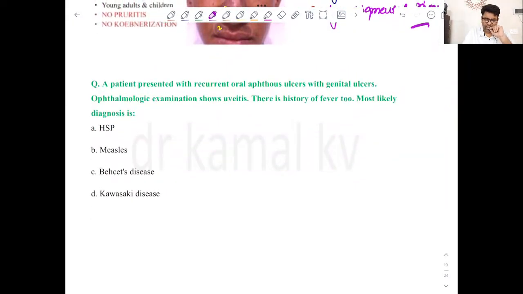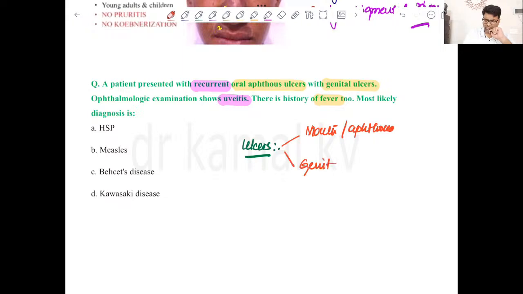Now a case was having recurrent oral ulcers and genital ulcers, and there is uveitis as well, which is associated with fever. Now what will be your diagnosis? So the important clue here is ulcers. It can be mouth or aphthous ulcers, and it is over the genitals also.